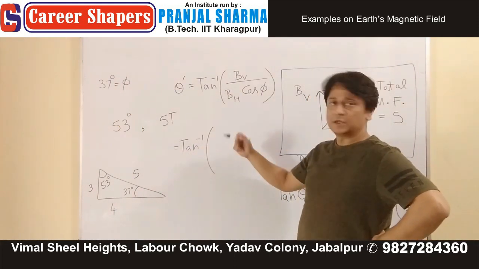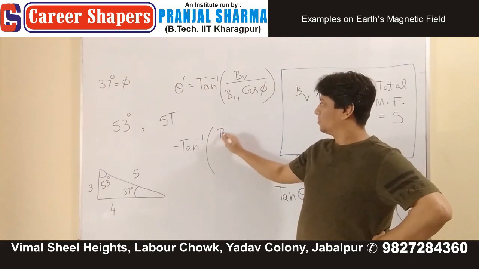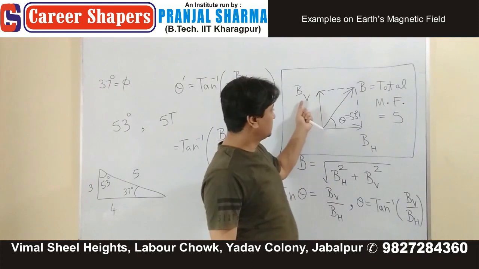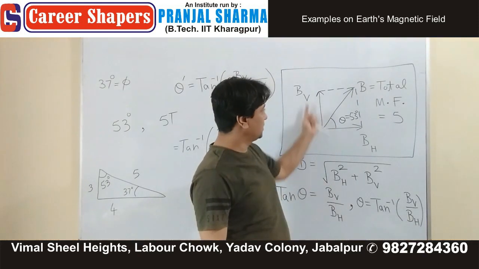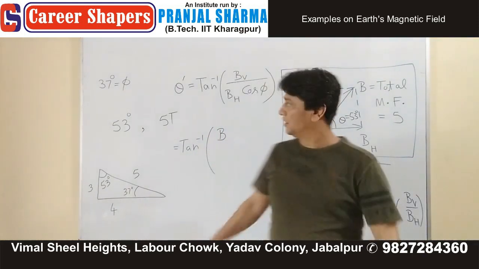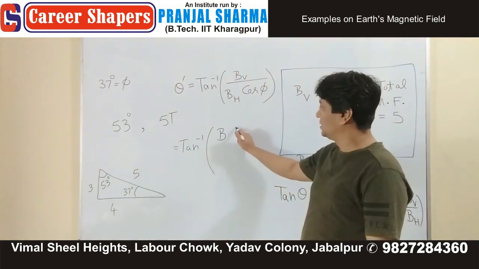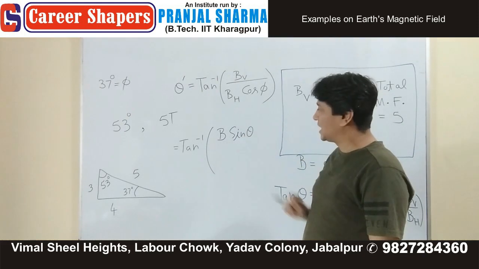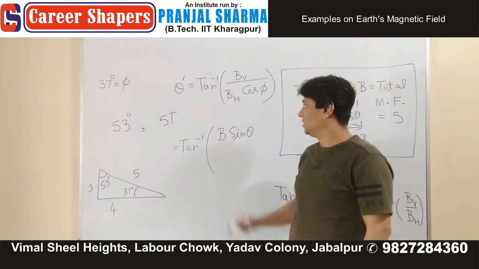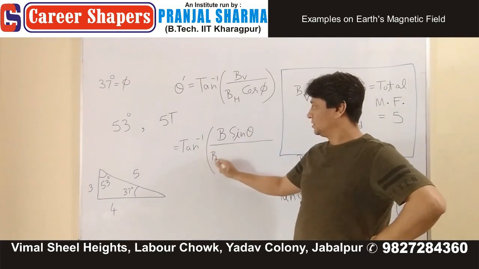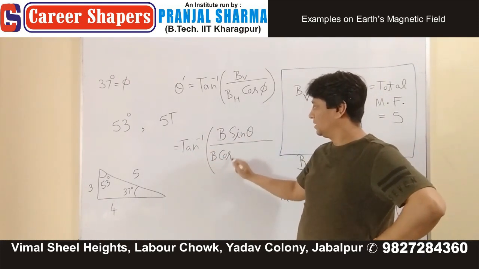BV is what? This is BV, this is theta. So what is BV? B sine theta, divided by BH, B cos theta.